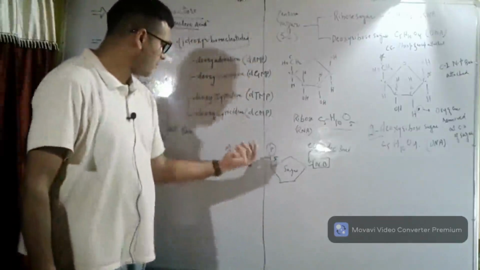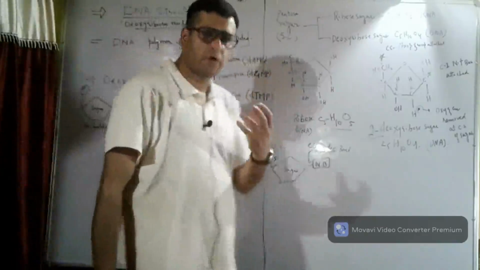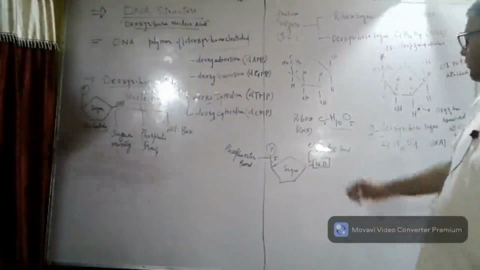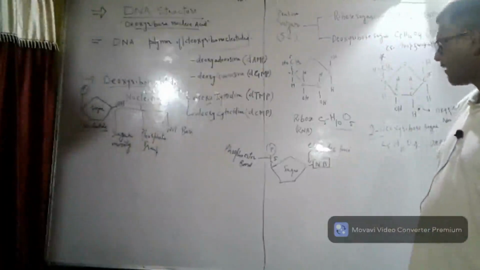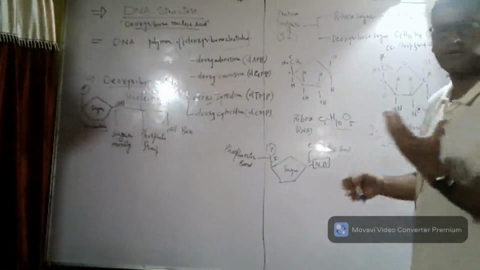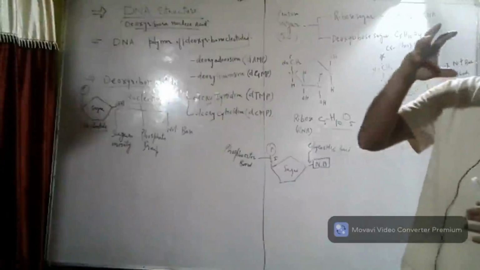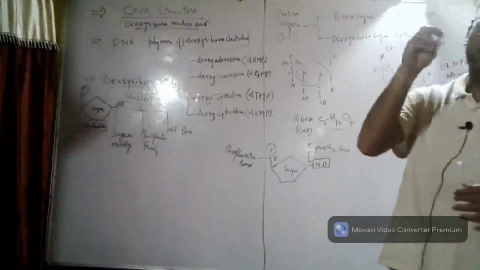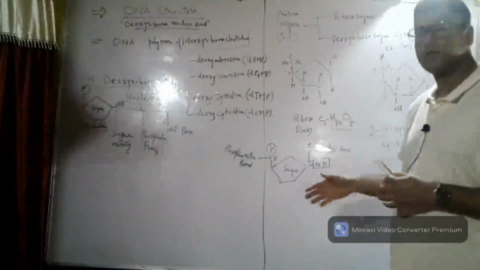That means phosphate is attached to the carbon 5th of the sugar by means of a bond that is called as phosphoester bond. So we have glycosidic bond by virtue of which nitrogenous base is attached to the sugar component. We have phosphoester bond. By virtue of this bond, phosphate group is attached to what? Sugar component.